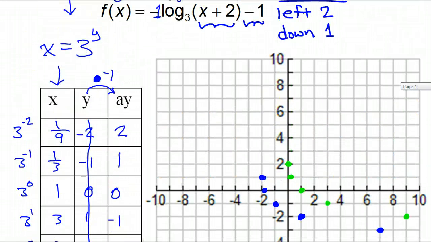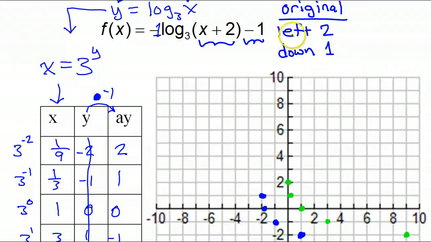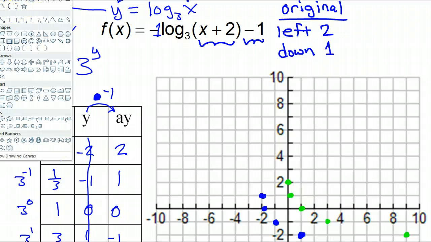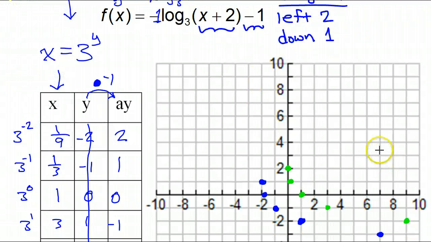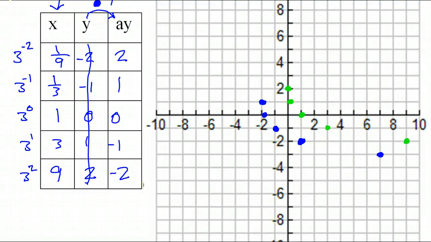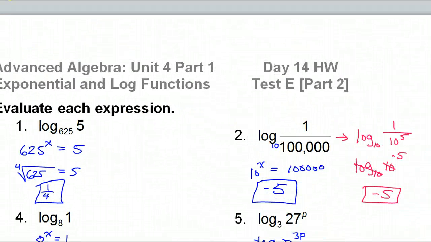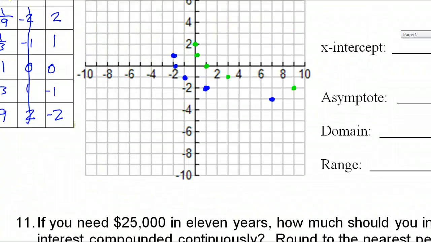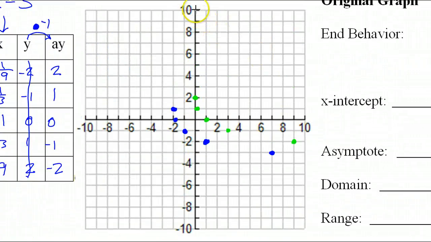Let's go ahead and get the asymptote in here. Because this is shifted left 2, the asymptote, which normally is on the y-axis, will be over 2 to the left. So check it out.